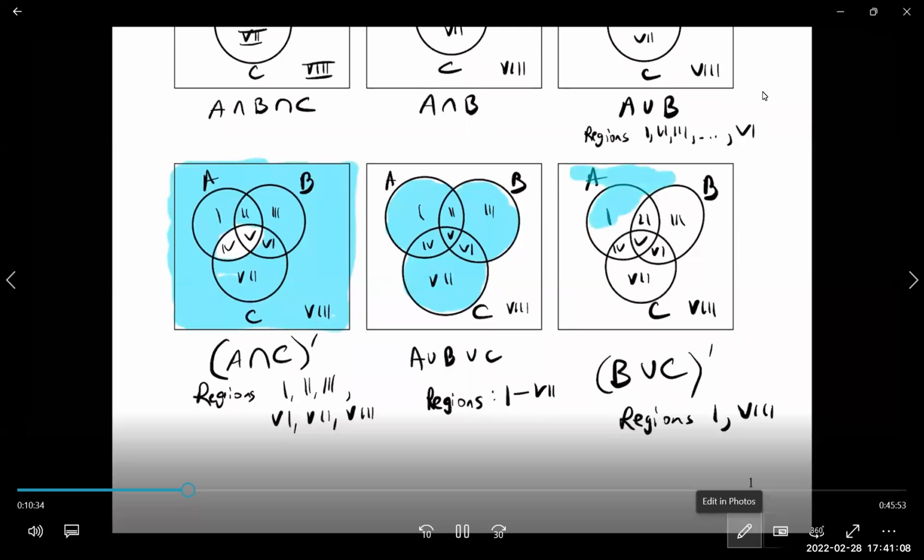So basically everything outside of the circles now. It's B and C. Whoops. This one's kind of hard to shade. Let's see, B and C, everything outside of B and C, basically.